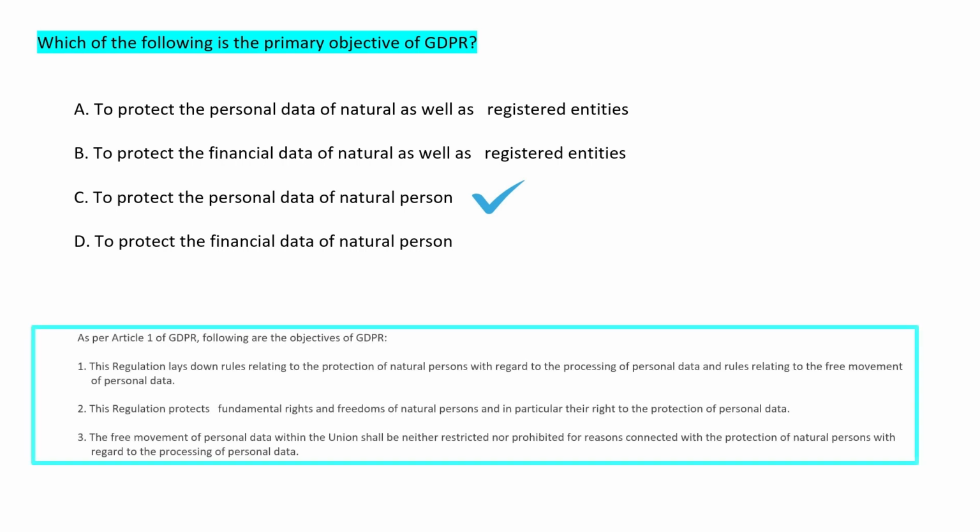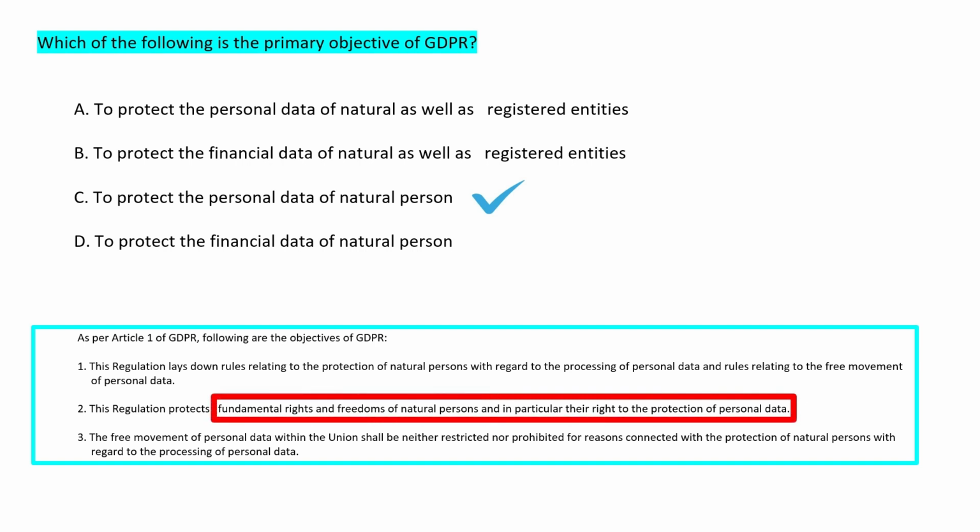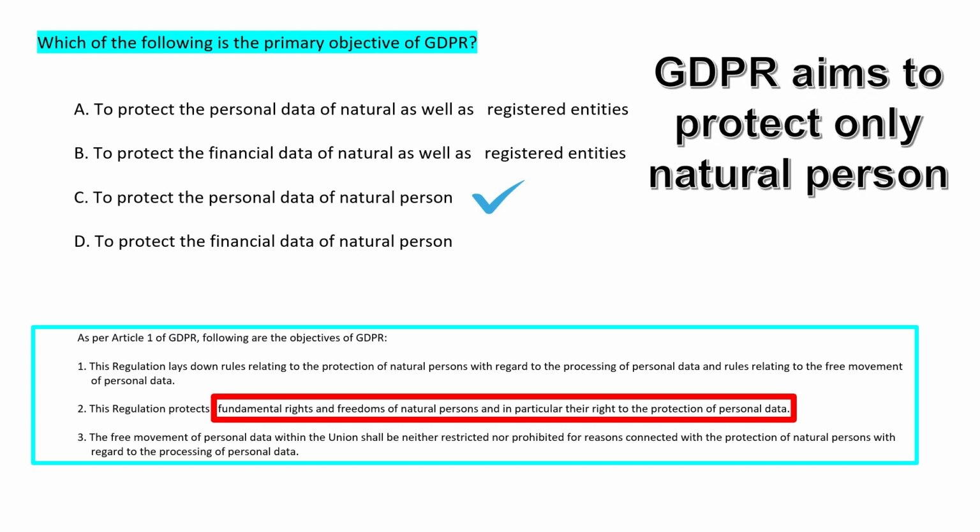As per Article 1 of GDPR, one of the objectives is to protect the fundamental rights and freedoms of natural persons and in particular their right to protection of personal data. GDPR aims to protect data of only natural persons. GDPR is not concerned with data of registered entities.